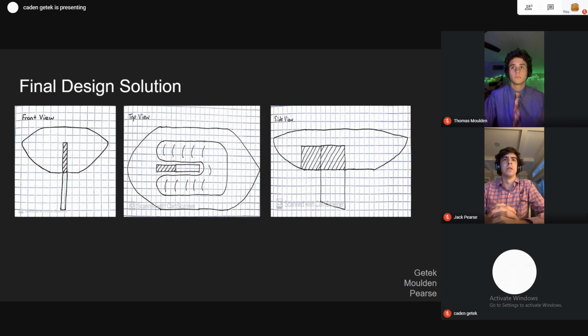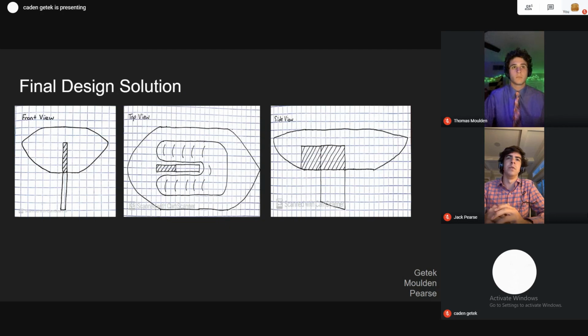All right, so on this slide, we show our final design solution of the centerboard kayak. After we went through the decision matrix, we decided that because of how efficient it was, and it didn't really affect the kayak shape with extra width, it was pretty tangible to do and easily achievable.